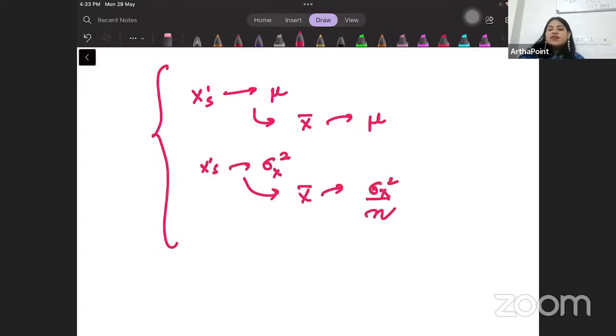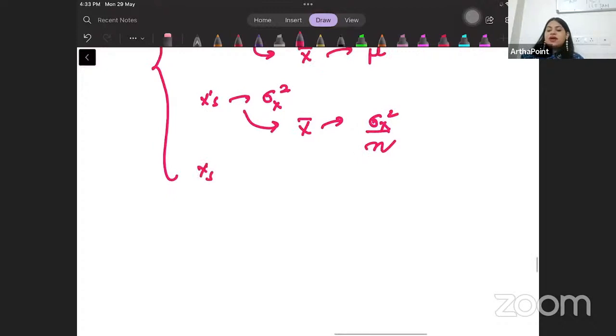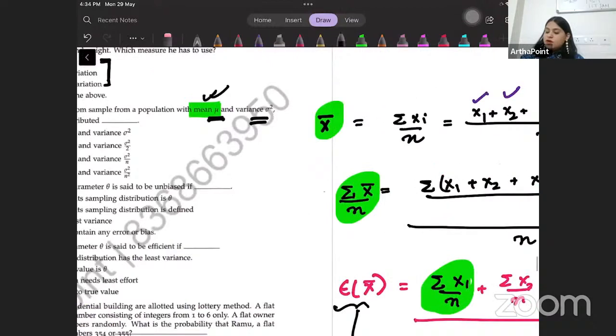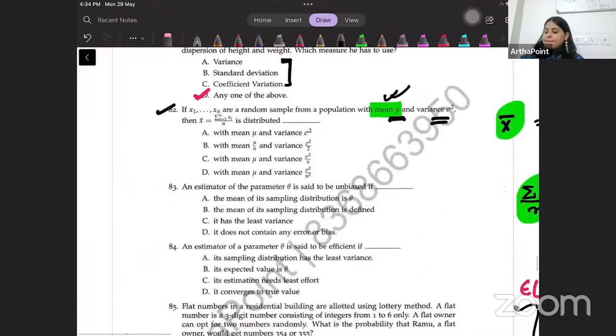We have done this in the stats class. Then if these xi's have standard deviation sigma, then the standard deviation of x bar will be sigma by root n. You have to remember these things. So the answer to this question will be D. This is the mean and this is the variance. Okay. Come to the next question.